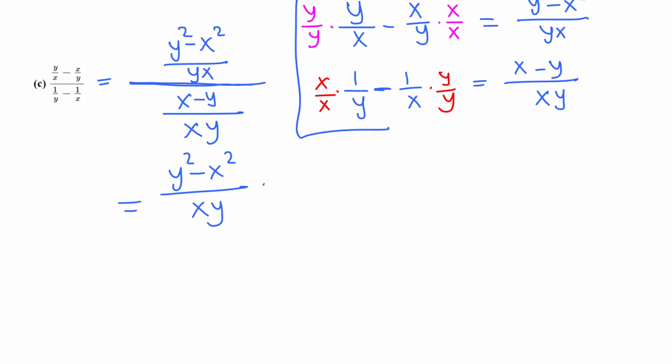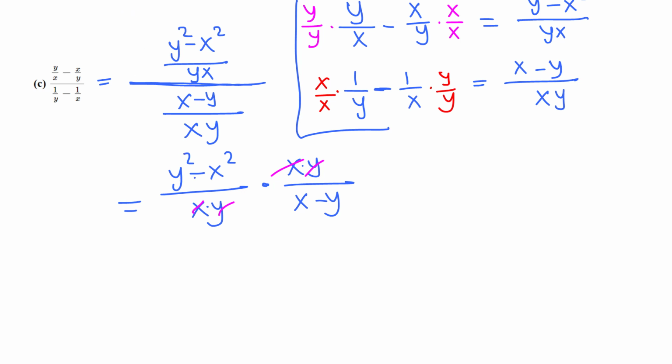Change into multiplication and flip: xy on the top over x minus y. Okay, times. In fact, we can cancel here. x, y cancel. But here we cannot yet.